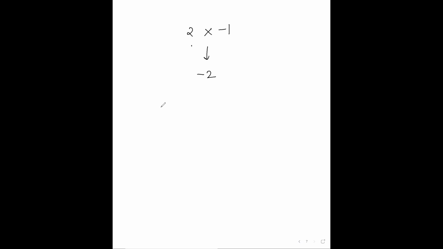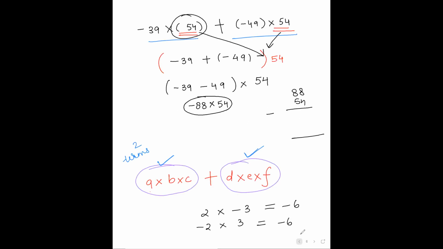So if you have somewhere -48, can you write that as -48 multiplied by 1? Yes. Can you write that as 48 multiplied by -1? Yes. So here you have to just do that.